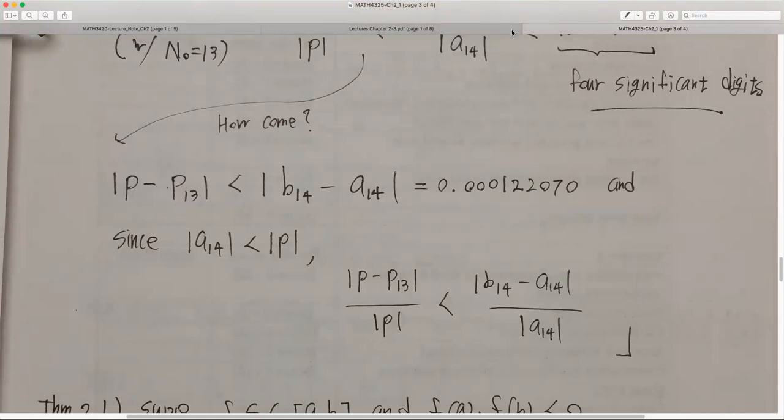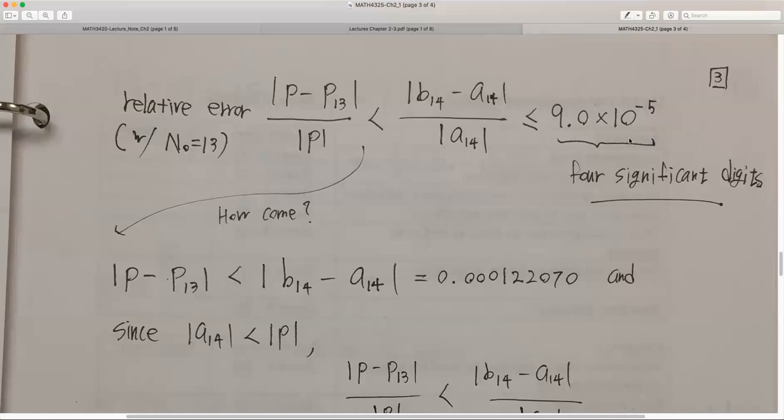Here, the significant digit is the largest non-negative integer in the exponent in scientific notation.